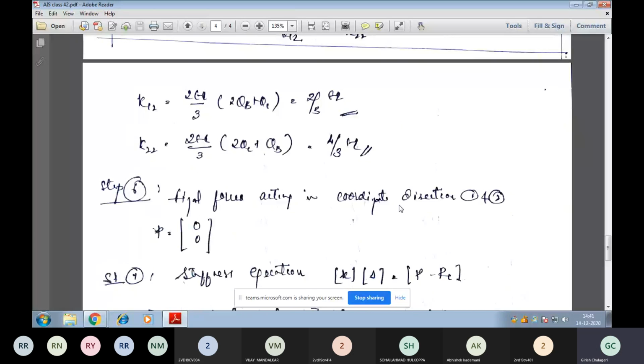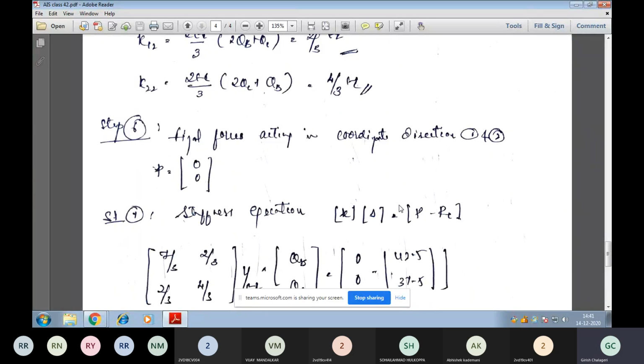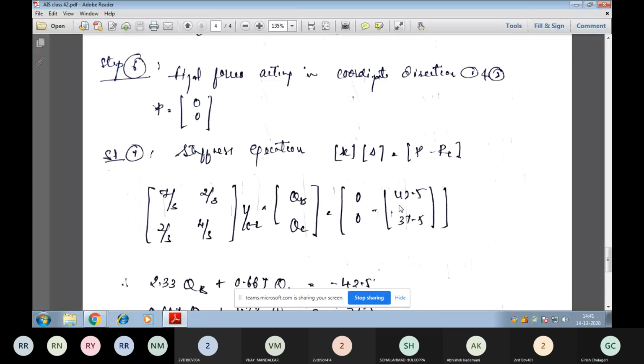Once we get the stiffness of individual members, find the final forces and form the stiffness equations, that is K delta equals P minus PL. Substitute the individual forces we have got here.